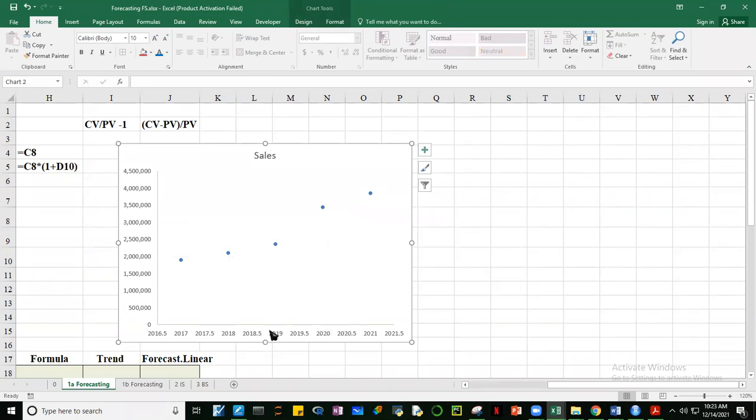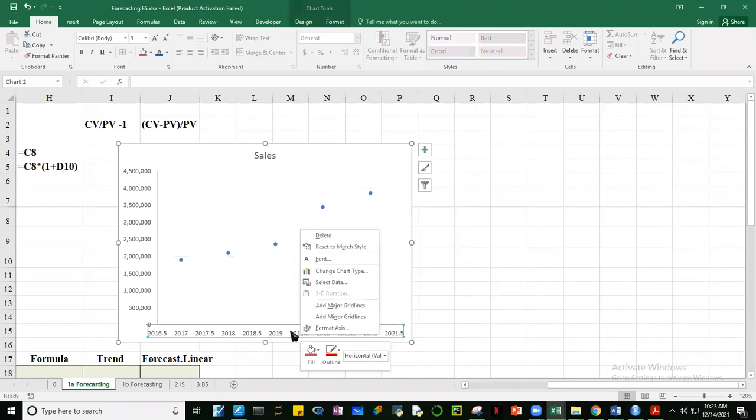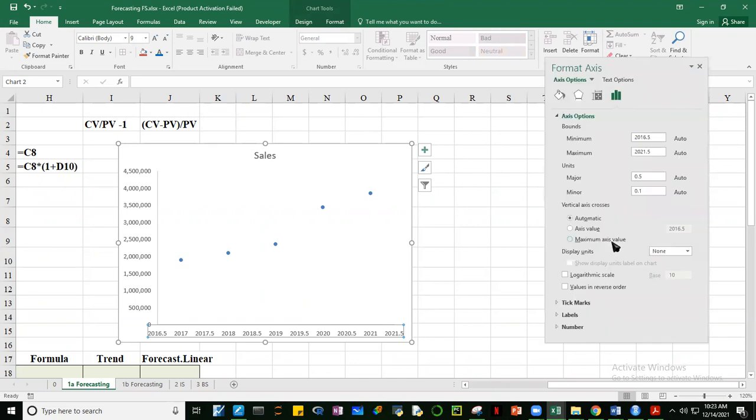Now yung x-axis, ayusin lang natin. Right-click natin sa year na yan. Tapos lalabas yung format axis. And ang default niya yung text options ito. Minimum, gawin natin 2016 na lang. It's okay to give, although 2017 to 2021 yung data natin.